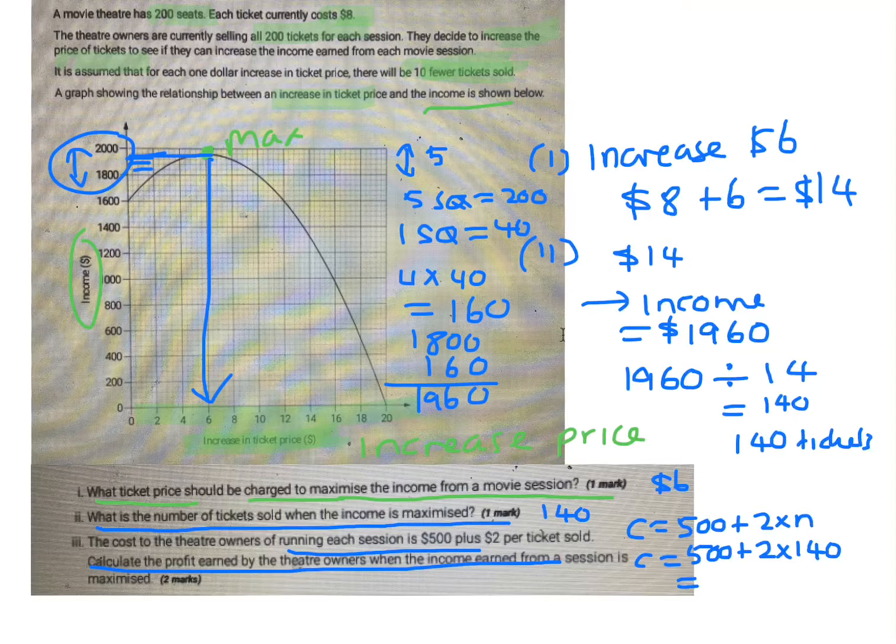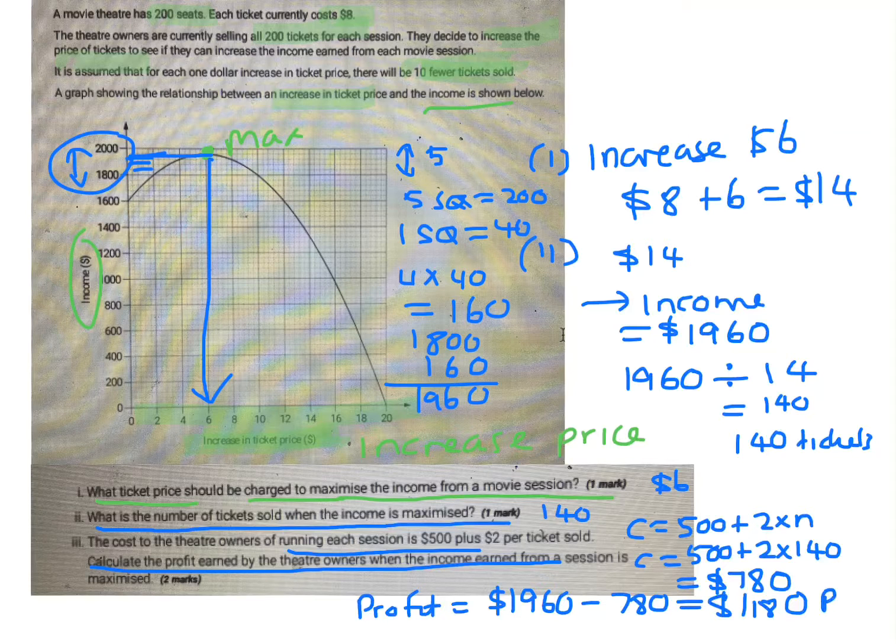So 500 plus 2 times 140, it'll cost you $780. Your profit would be how much income you get in, which is 1960 minus 780, and the extra money left over, which is 1180, will be your profit.